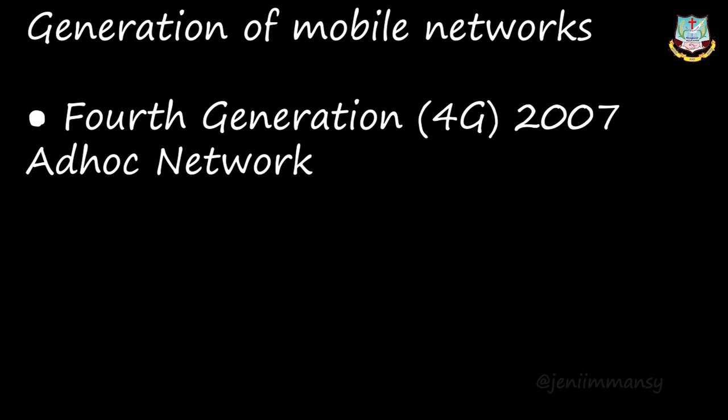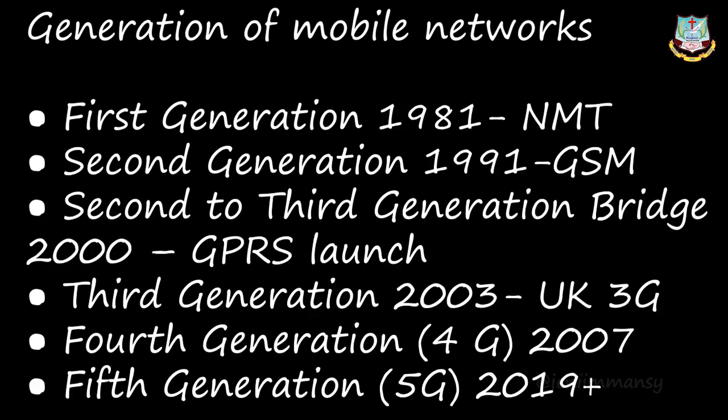This is about fourth generation, 4G, which was launched in the year 2007, and the next one is 5G. For 5G, it was after 2019 that we got this fifth generation, the stage that succeeded 4G.